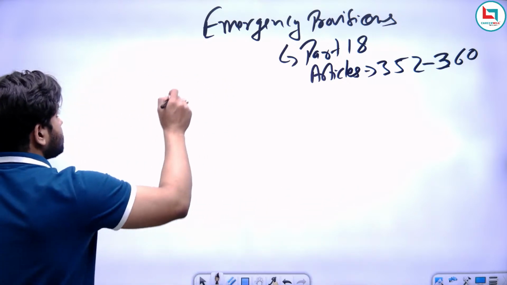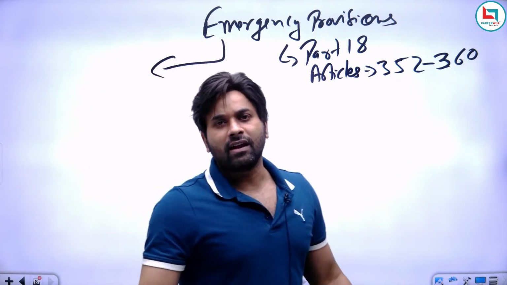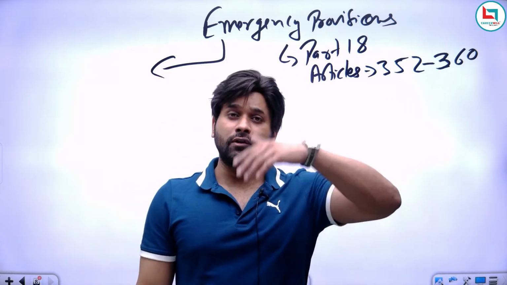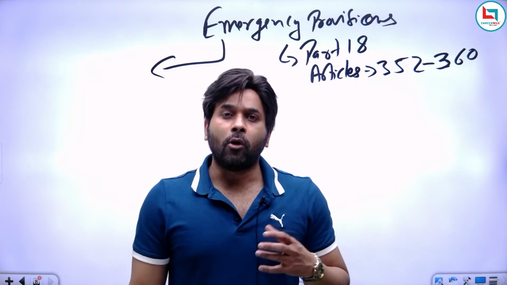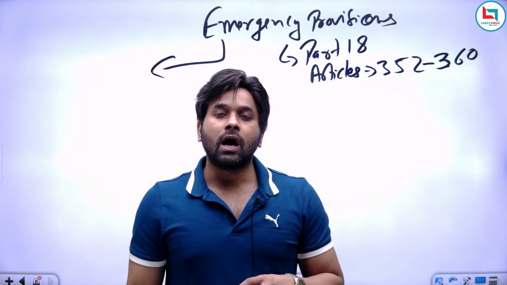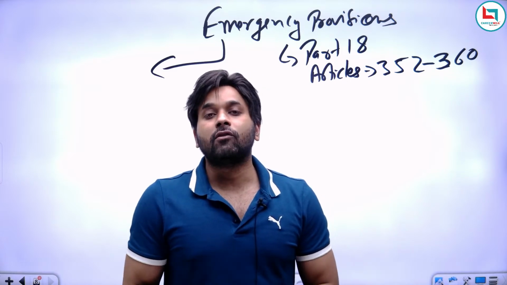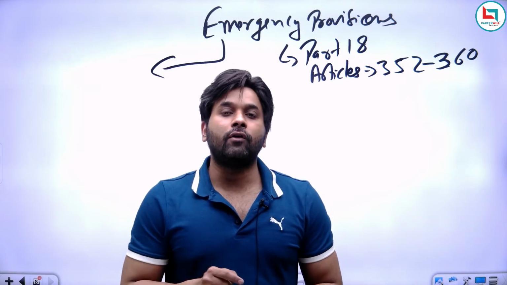Now one more thing, from where have we borrowed emergency provisions? We all know that while framing the constitution we took inspiration from the constitutions of different countries, but the majority of the provisions borrowed in our constitution are from the Government of India Act 1935. That is why the Government of India Act 1935 is rightly called the blueprint of the Indian Constitution.